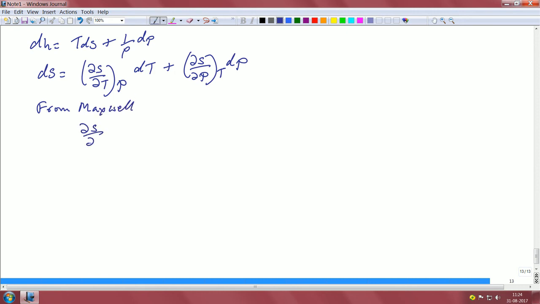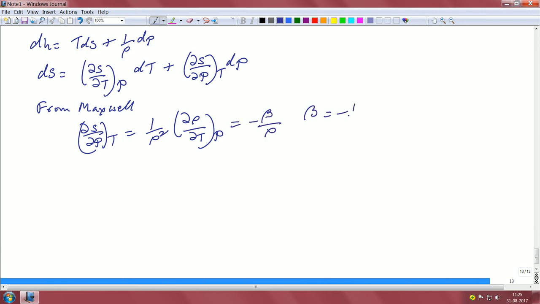So, (ds/dp) at constant T is actually nothing but minus beta by rho, where beta is 1 over rho into d rho by dT at constant pressure. Similarly, (ds/dT) at constant p is given by Cp by T. This is the Maxwell relation.